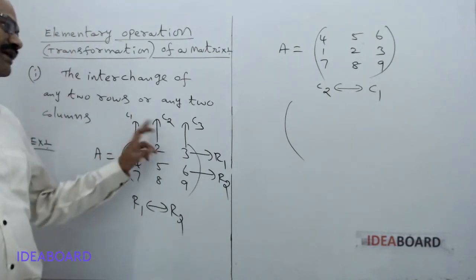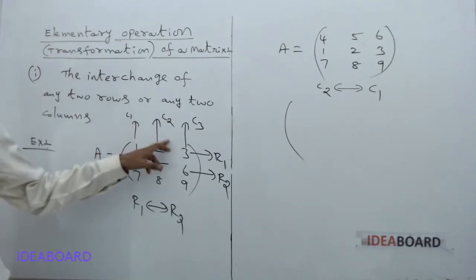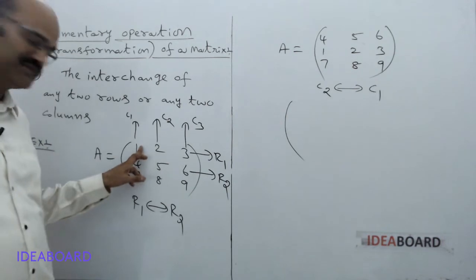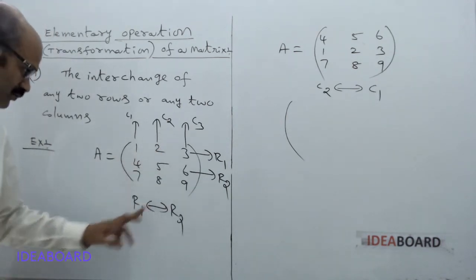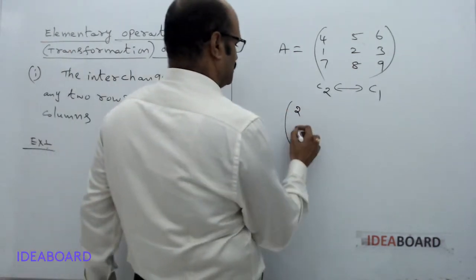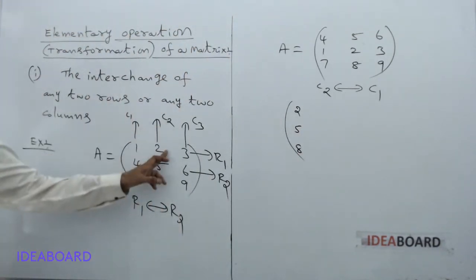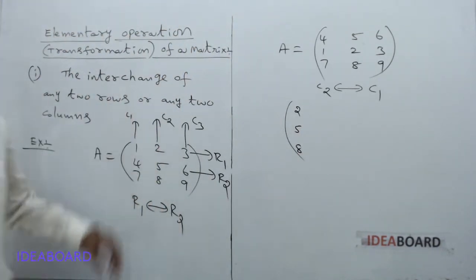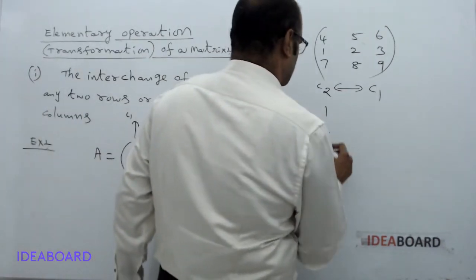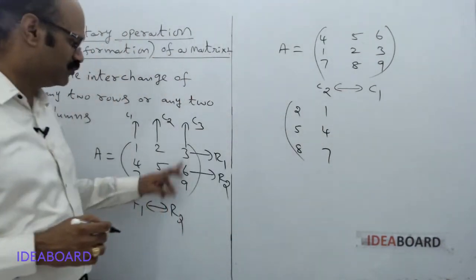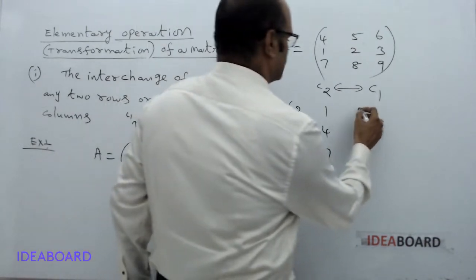Column 1 and column 2 are interchanged. So in the place of C1 we have to take C2, which is 2, 5, 8, and in the place of C2 we should take 1, 4, 7, and C3 has no change, so 3, 6, 9.